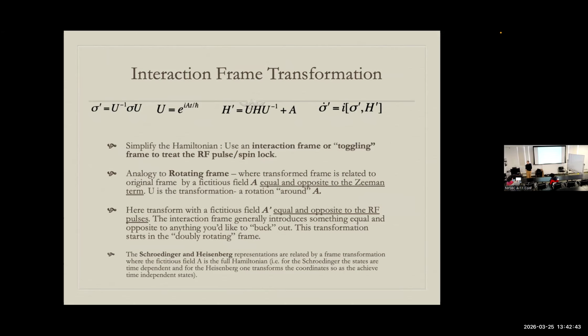That's a lot of terms, most of which we wish were 0. So your first instinct should be, can we jump in a different frame? Can we go into a different frame and see this more clearly? So we want to simplify that long string of Hamiltonian terms to use an interaction frame, sometimes called a toggling frame, because we're going to treat the RF pulses, each one of them.